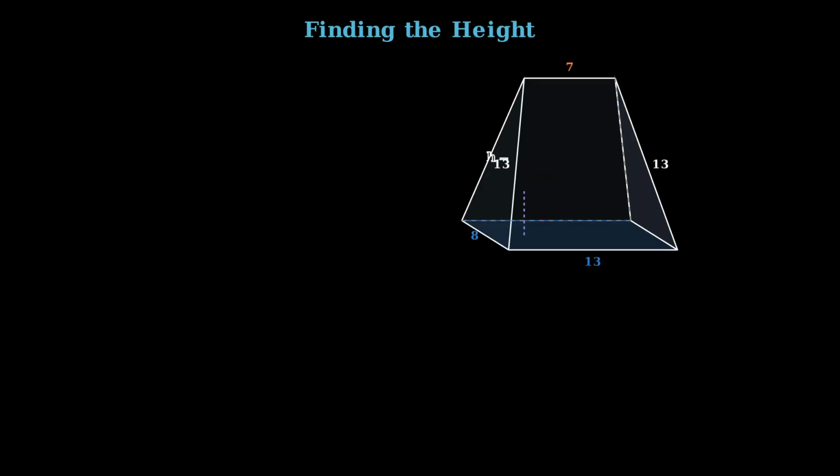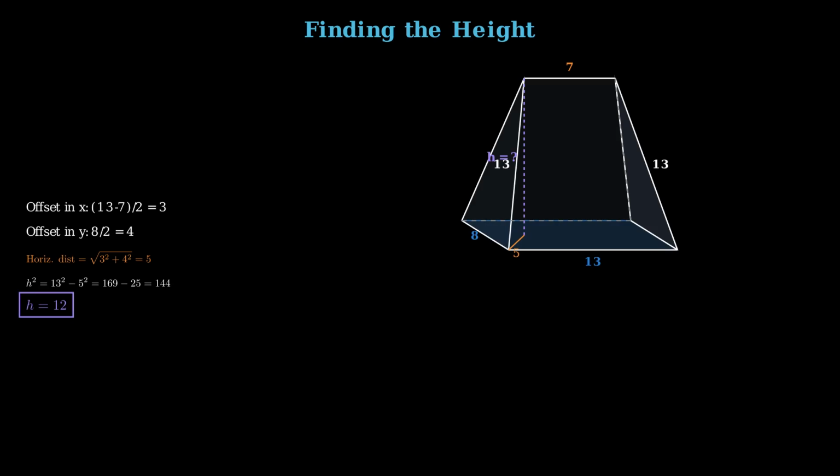Let's find the height of the solid. The top edge T1 T2 of length 7 is centered over the base, so each end is offset 3 units inward from the base corners. The slant edge from base corner O1 to ridge point T1 has length 13. Horizontally, T1 is 3 units in the x direction and 4 units in the y direction from O1.